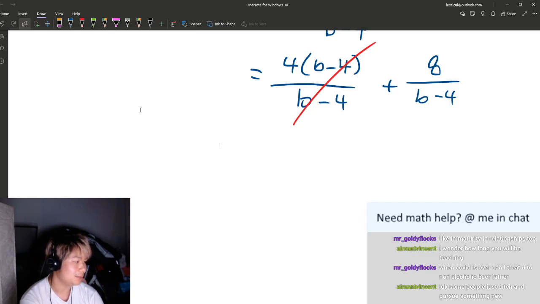Some people just ditch and pursue something new. Yeah, that's true. There's lots of people that, when they're 30-something, 40-something, even 50-something, change career paths. So, I don't know. I'm not going to say never, but I came into this for the long term.